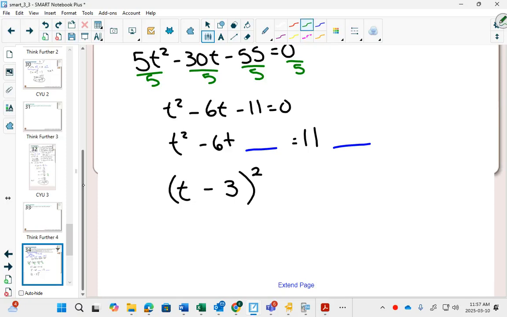Again, we notice sort of this shortcut that 3 is half of 6. Now, if it was a minus 3, and you multiplied it out, would I get a plus or a minus 9 here? A plus 9. So I get a plus 9 on this side. Give me 20. Square root both sides.